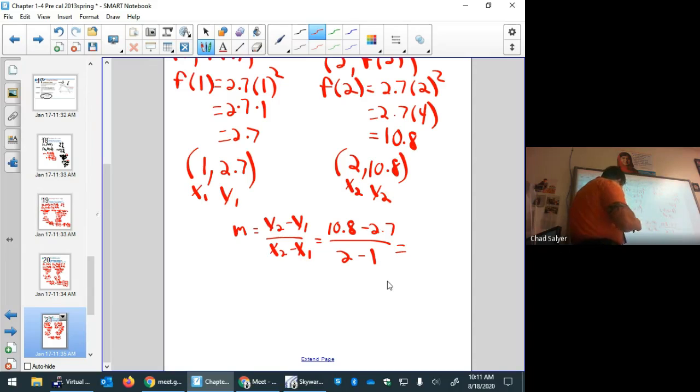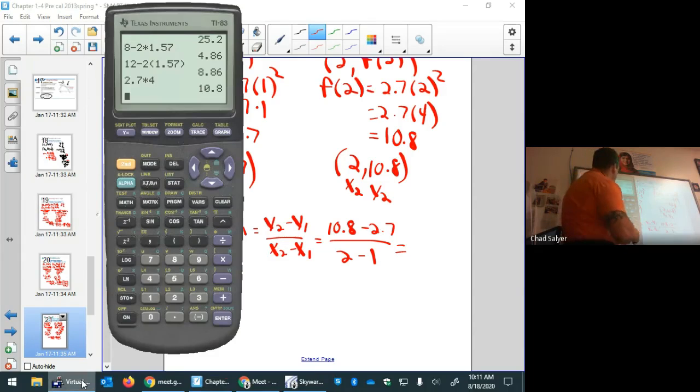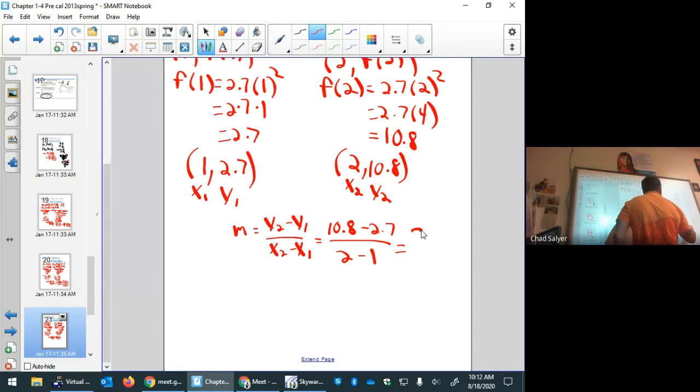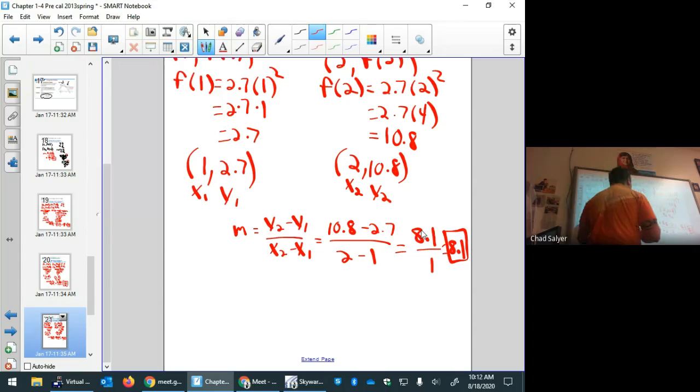So don't rely too heavily on mental arithmetic, because you'll probably get it right the majority of the time, but a calculator will serve you better, especially in a high stakes situation like a test. So 8.1 over 1, or just 8.1. So there's our answer.